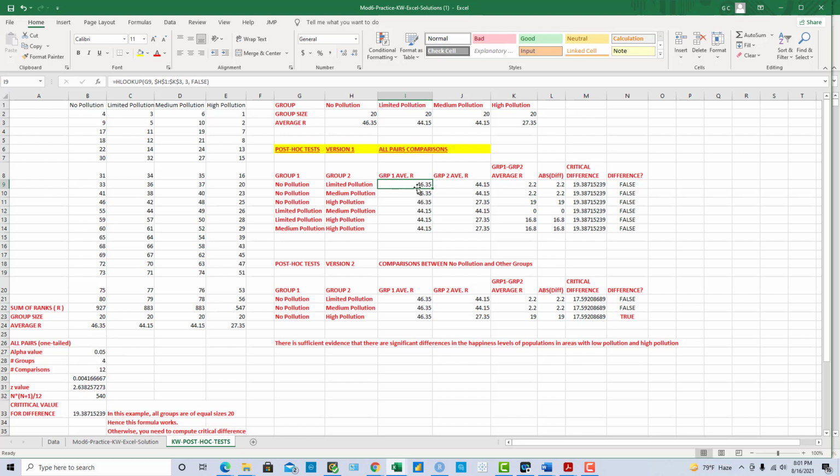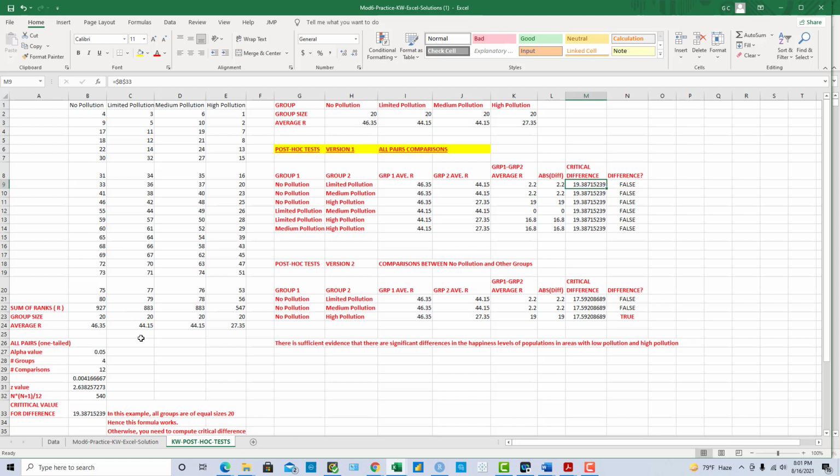We have a formula here to do that, and limited pollution is 44.15, and then the difference in the average R between these two is 2.2. In column L, we take the absolute value of the difference. For example, if it turned out to be minus 2.2, we get the positive value, which is the 2.2 here.